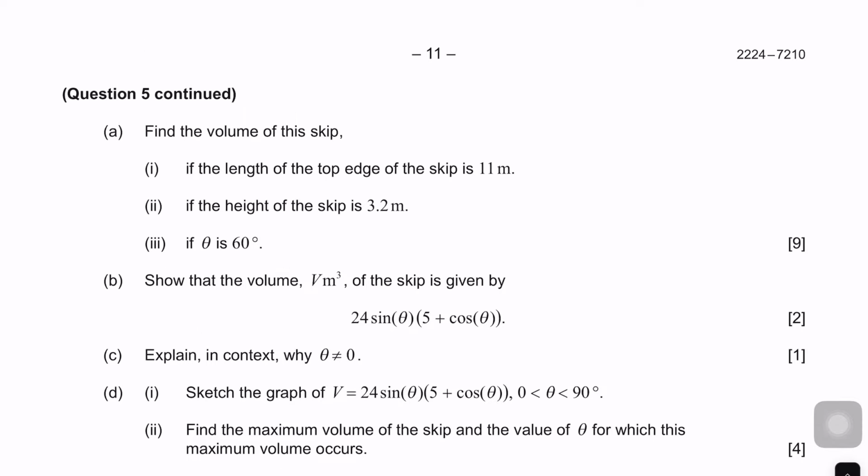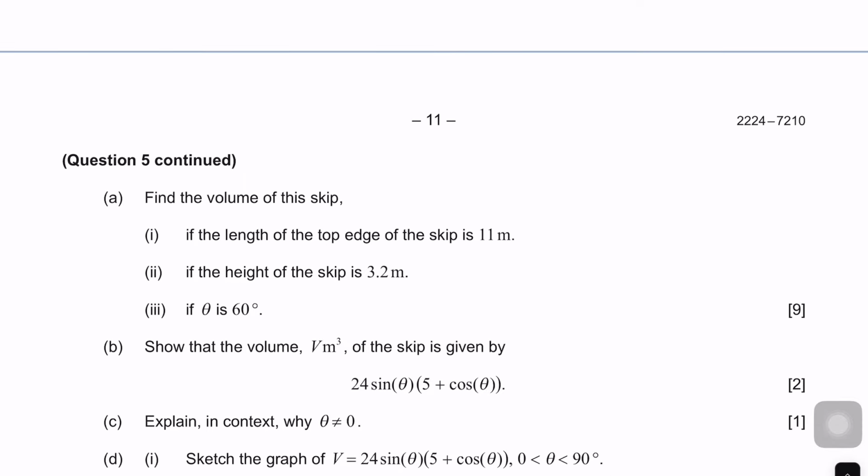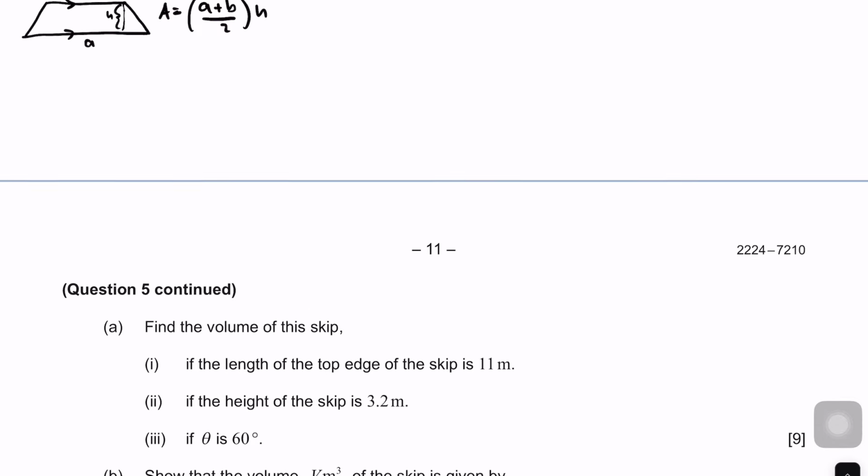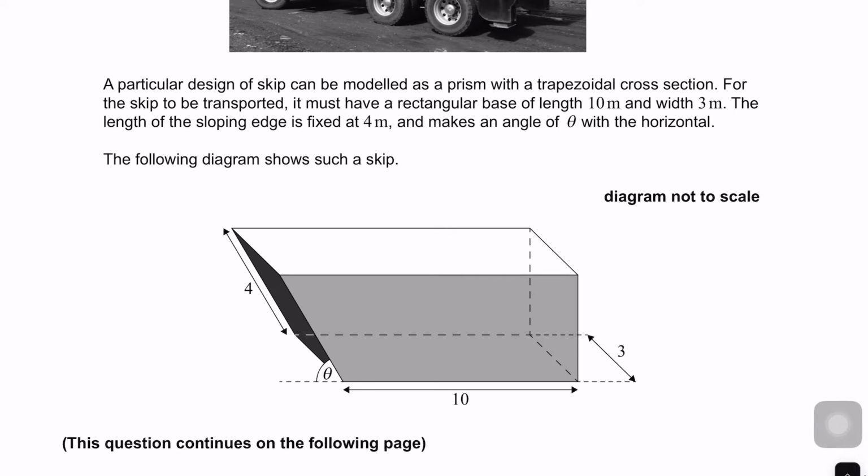Okay, so the first part, they're asking us, if the length of the top edge of the skip is 11 meters. So if this right here is 11, maybe I'll use blue still. We actually don't know what the height would be yet.